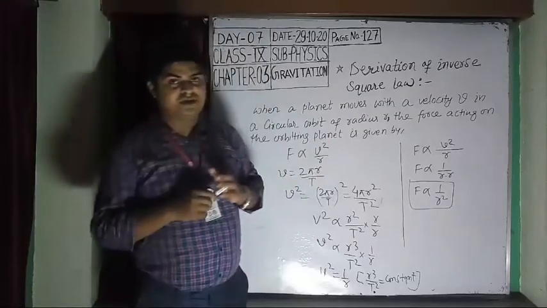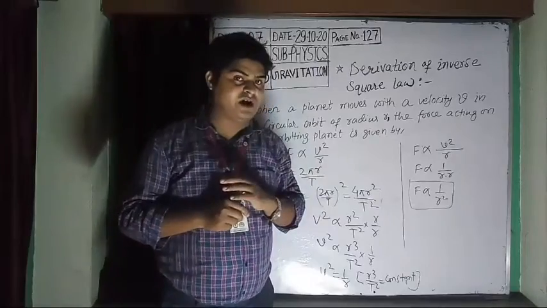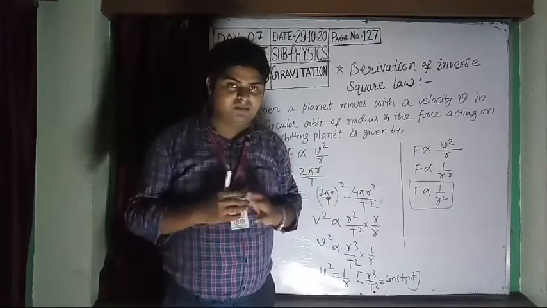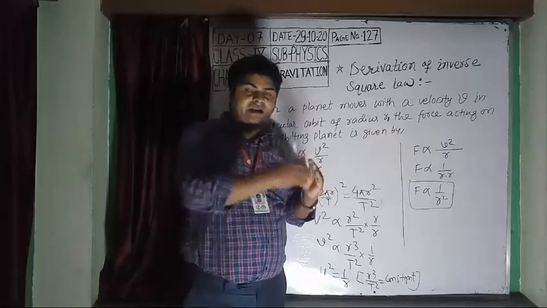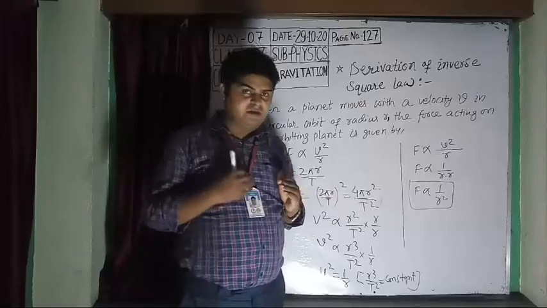Before that, let us know what the inverse square law is. I have taught you that the inverse square law is the second part of the definition of Newton's law of gravitation.